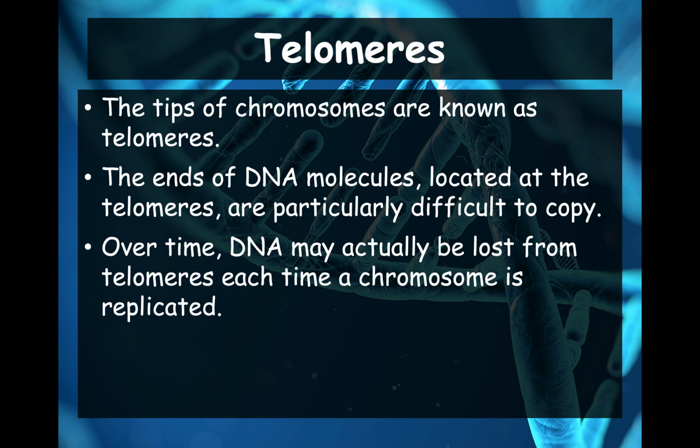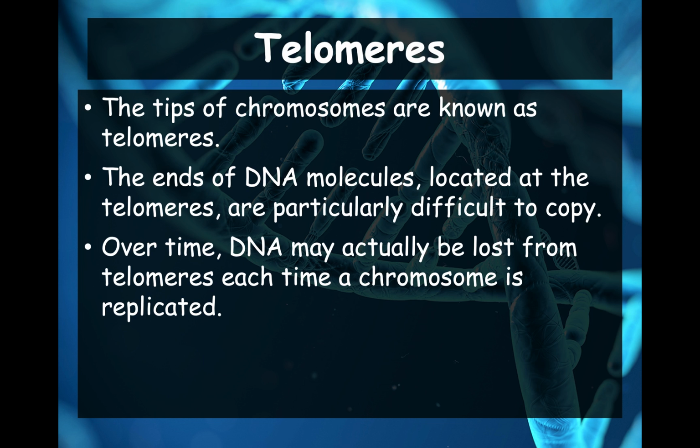And over time, DNA may actually be lost from telomeres each time a chromosome is replicated. Telomeres actually have a lot to do with cancer. We're looking into the length of the telomeres in association with cancer cells, and there seems to be a correlation there. But it also shows that older cells will actually have shorter telomeres.